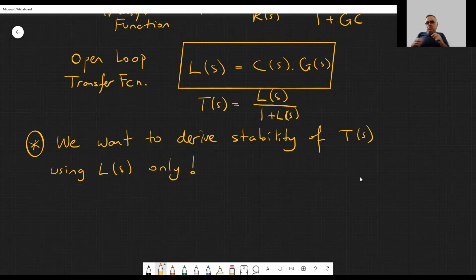And as you see in both the plots, controller times the plant is very easy because it's controller plus the plant. You just add up the logarithms of the frequency response.